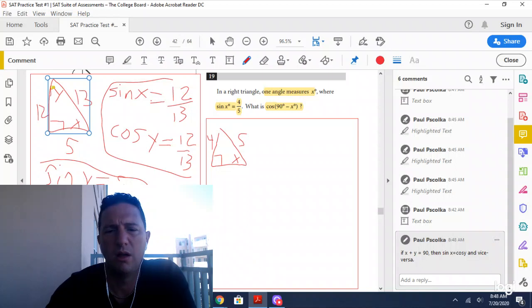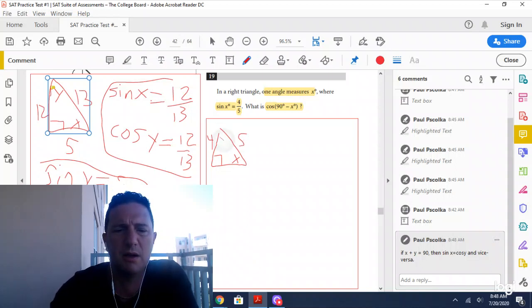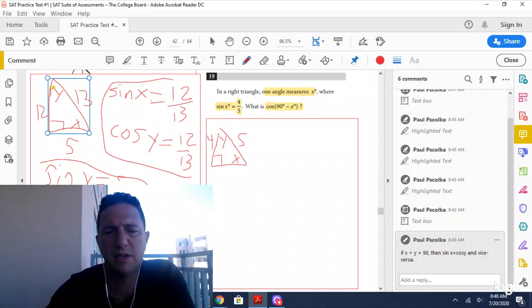So now what we're looking for is the cosine of 90 minus x. I'm going to put a y up here, and I could make a simple equation: x plus y plus 90 equals 180. If I subtracted 90 from both sides, what you would see is that x plus y equals 90.